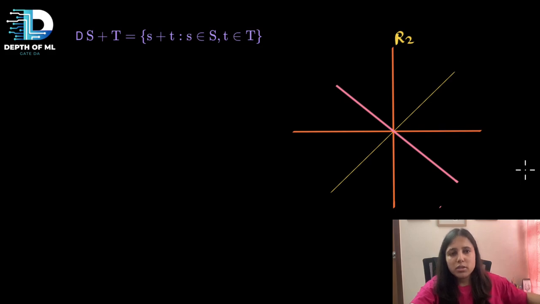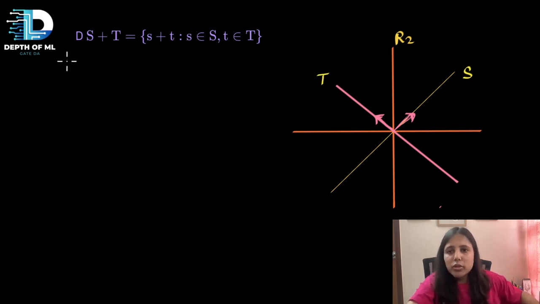So here this is say S and this is say T. Okay. So what is the meaning of S plus T? Suppose this is a vector that is coming from here. Okay. And this is a vector that is coming from here. Then your vector in S plus T is going to be the sum of that. So every vector I'll take from here and I'll add it with all the vectors that are present in S. Similarly, all the vectors I'll take from here and add them to all the vectors that are present there. And whatever total set I have, that I'm calling S plus T.